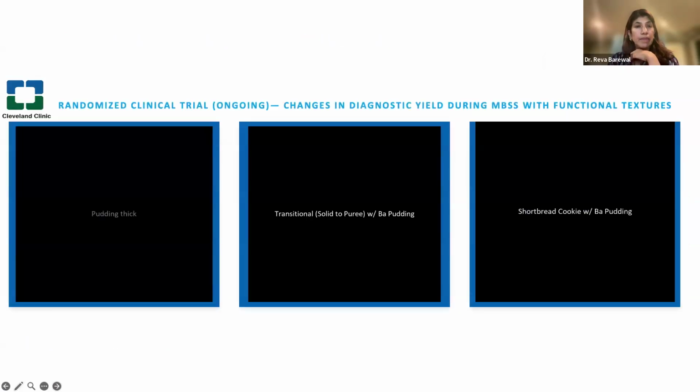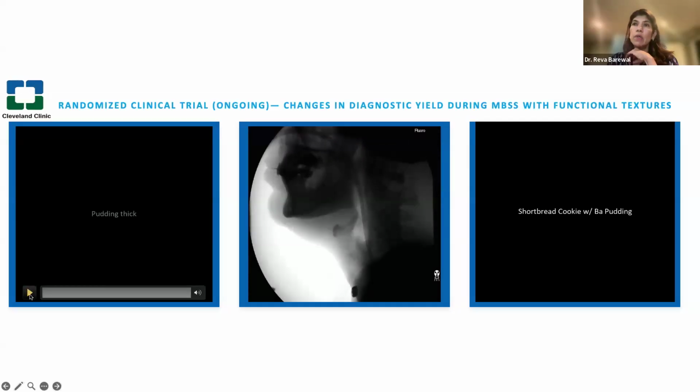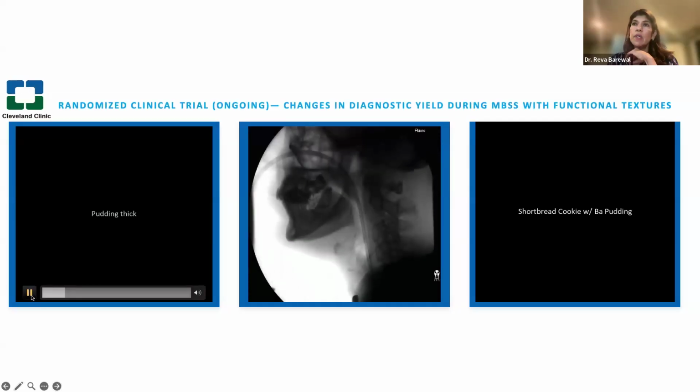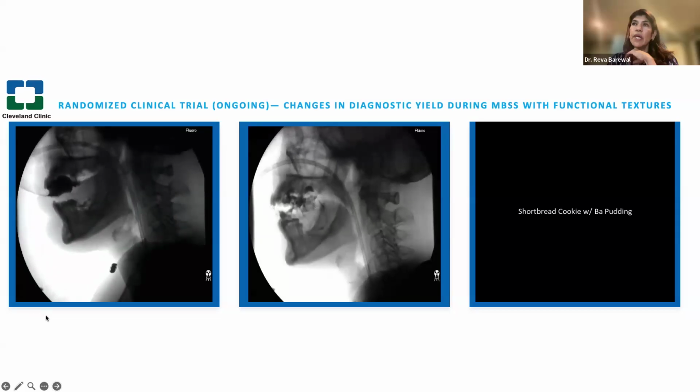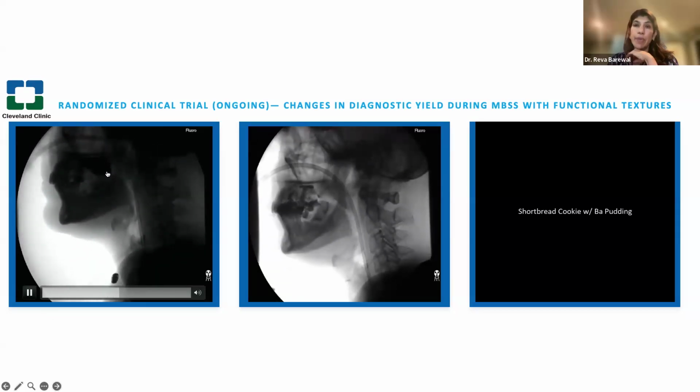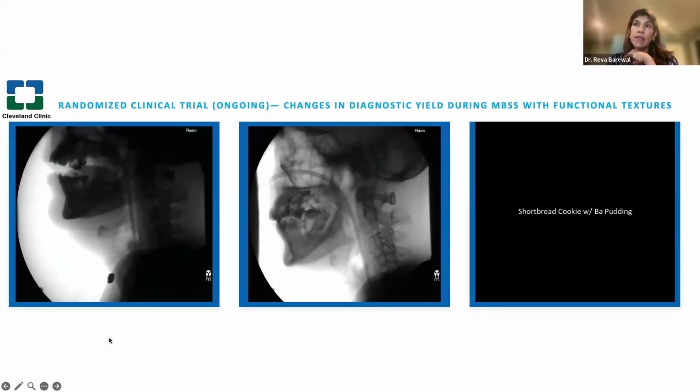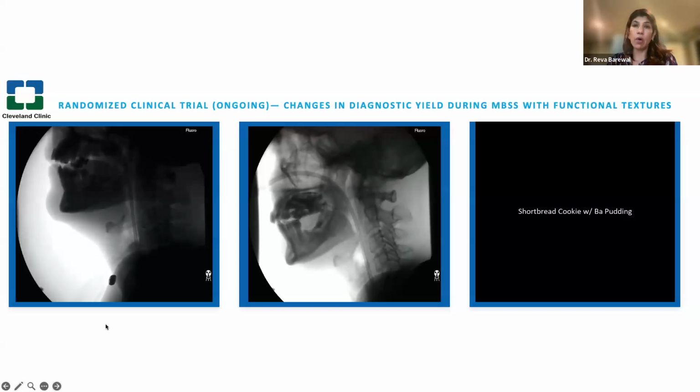So this is where the Cleveland Clinic is doing a study. And the question in the study is diagnostic yield. So basically it's what I was describing before. The patient getting that puree bolus and that really rapid swallow.